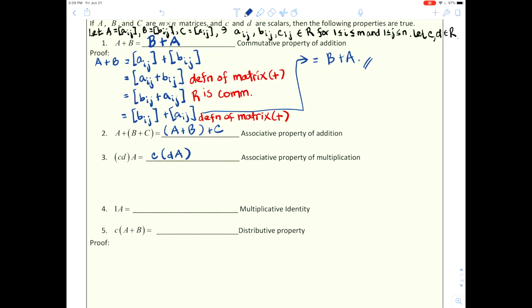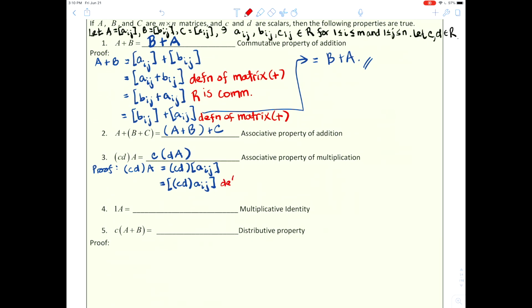What we'll have is c times d times the matrix A is equal to c times d, and then we'll put A in terms of the representative element, Aij. Now that's going to equal the one happy matrix where we have quantity c times d, and then times each representative element. Good so far? And what would that be under? Beautiful.